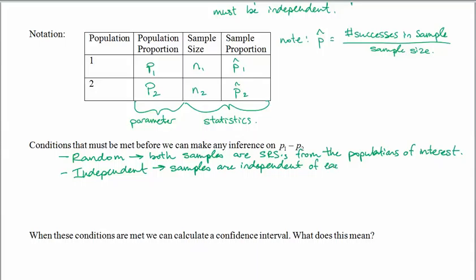And if we sample without replacement, we have to have the 10% condition in both samples.